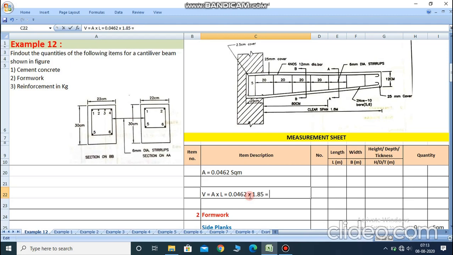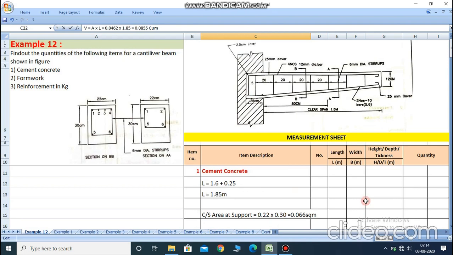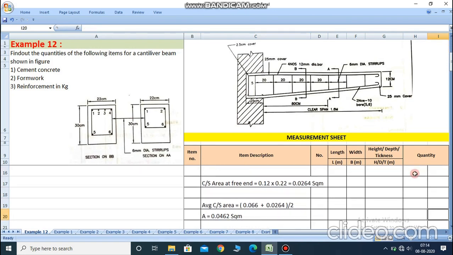So we put it here, multiplied by 1.85. We get the total volume of the concrete work as 0.0855 meter cube. This is the final answer for the cement concrete work.